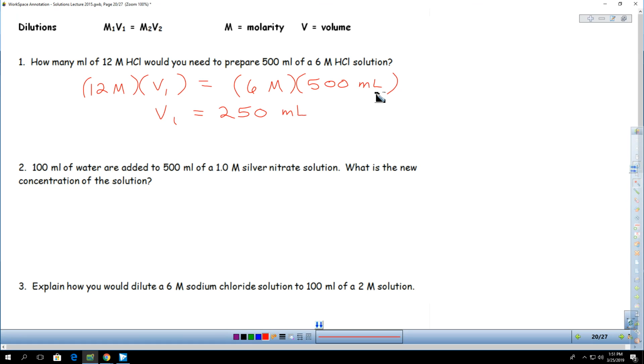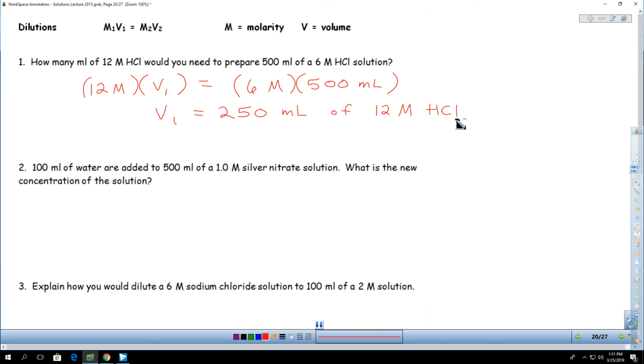But actually, this kind of makes sense. Technically, this is the volume of the original 12 molar HCl. In the end, I want 500 milliliters of solution. Where's the rest of the volume? I calculated 250, but where's the other 250 coming from?